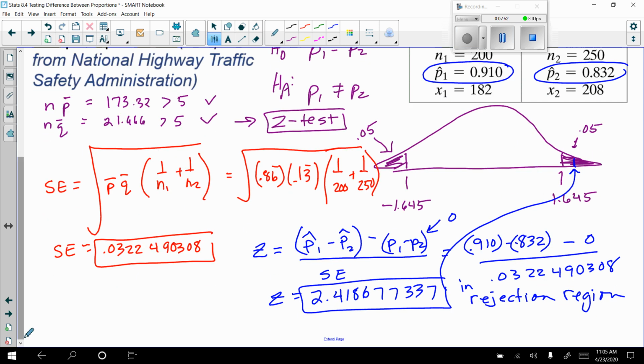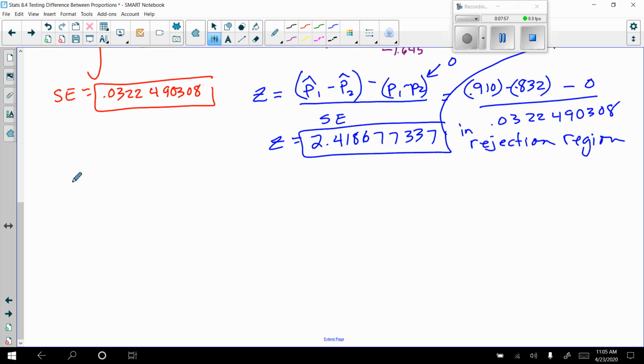Which means that we reject the null hypothesis.